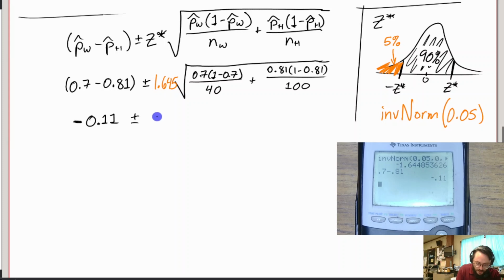Okay, and do that. So we could do 0.11 plus root and a lot of typing times 1 minus 0.7 divided by 40 plus 0.81 times 1 minus 0.81 divided by 100. There we go.